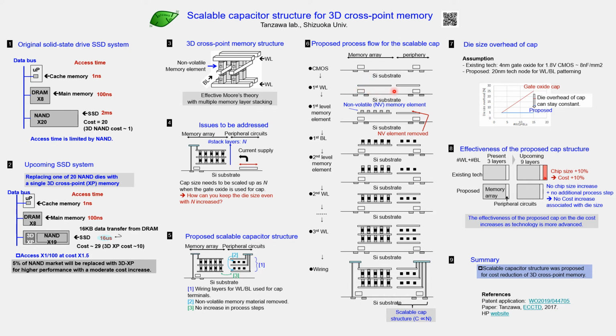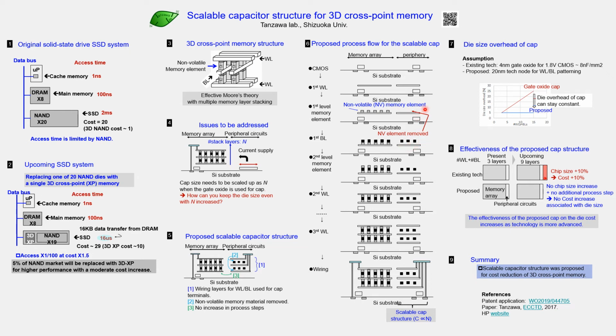So after the first word line patterning, you will have the non-volatile memory element in the memory array, but that material should be removed from the periphery area.